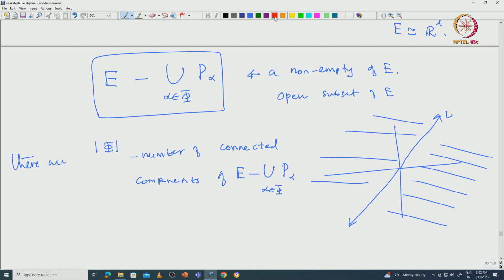This is something you can just prove using induction and check. Okay, this is something trivial.